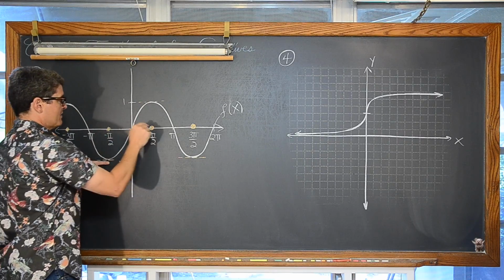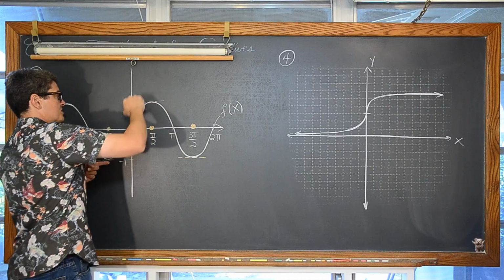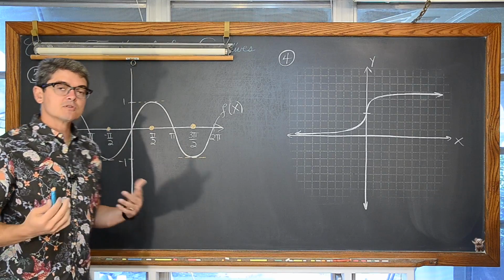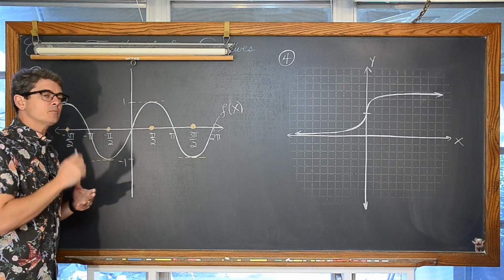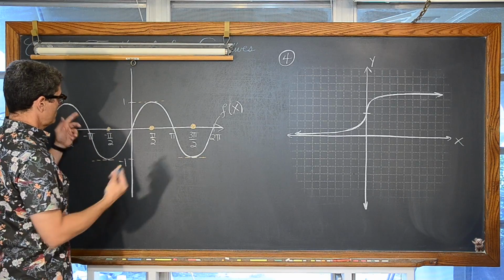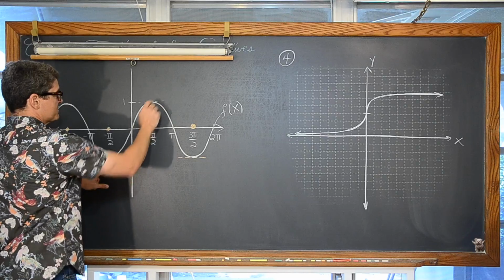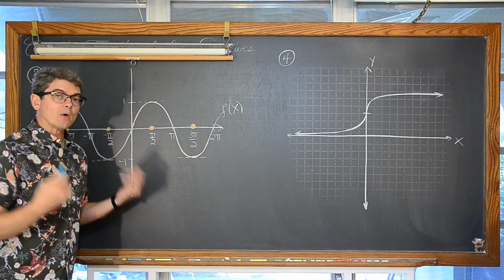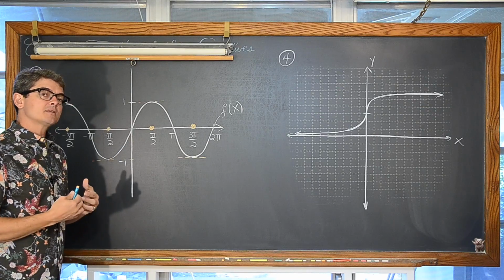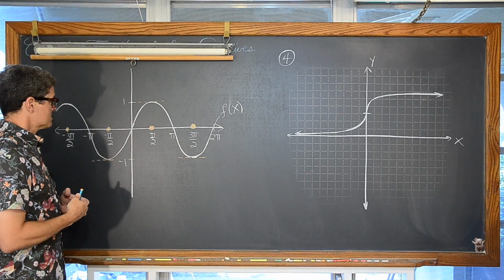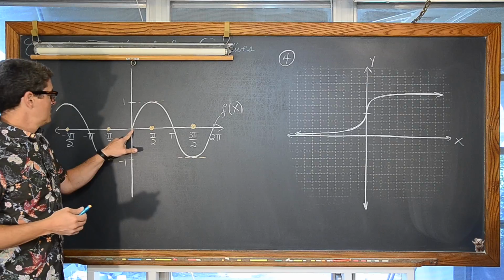Well, between negative pi over 2 and positive pi over 2, this function is rising. If the function's rising, it has a positive slope. Therefore, the derivative had better be giving you positive answers. And where between negative pi over 2 and positive pi over 2 is this function rising the fastest? Where does it give us the biggest slope? Well, it's right there.